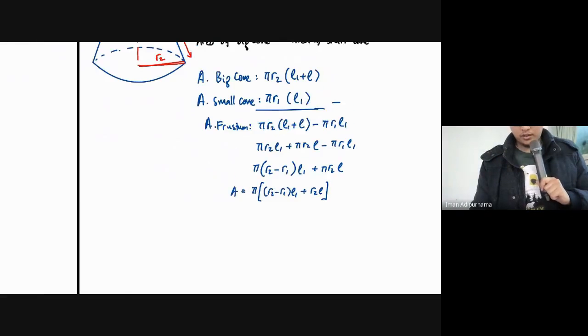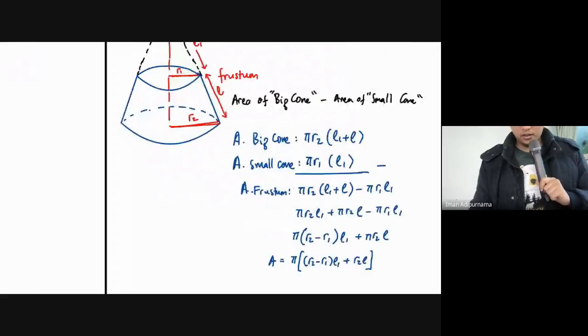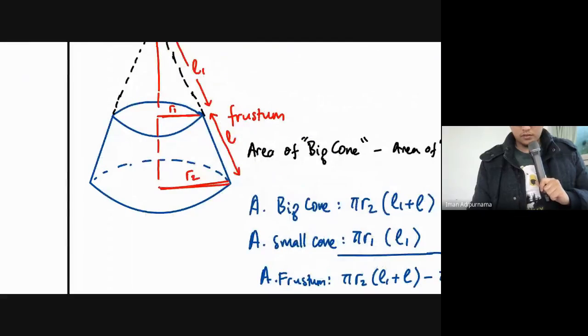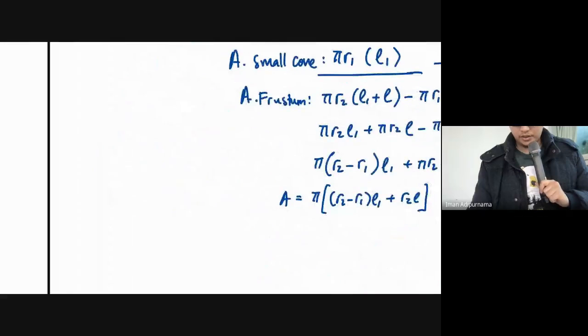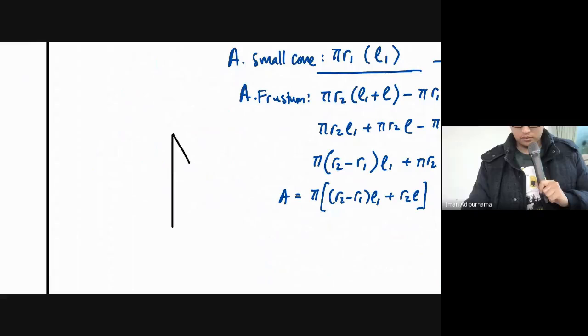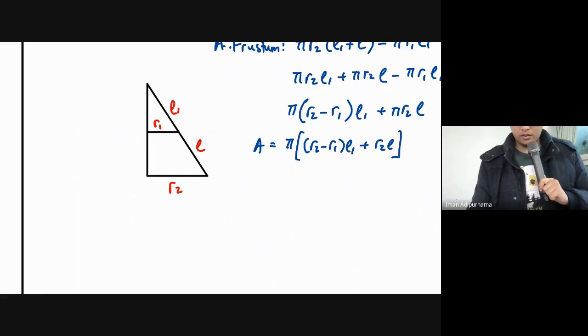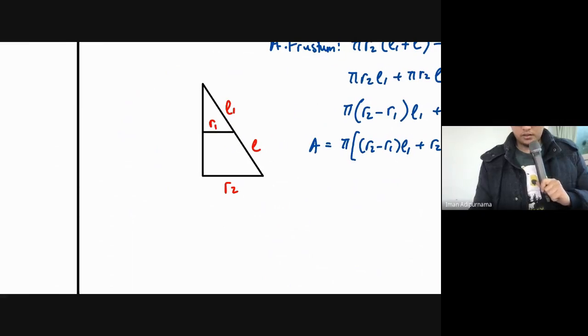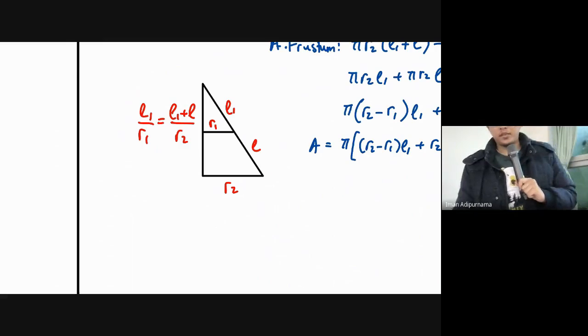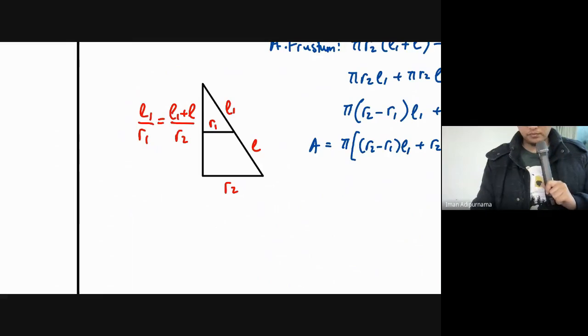Now, if we look at this triangle, let me draw the triangle. This is R2, R1, L1, and L. I can write L1 over R1 equals L1 plus L over R2, from the triangle.